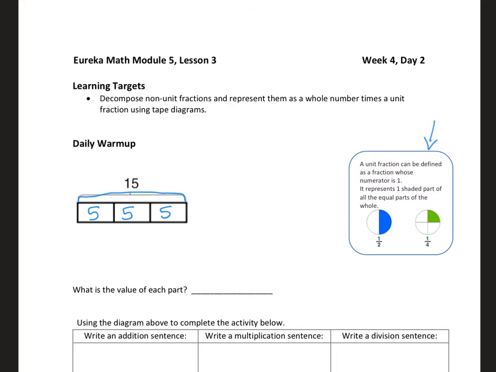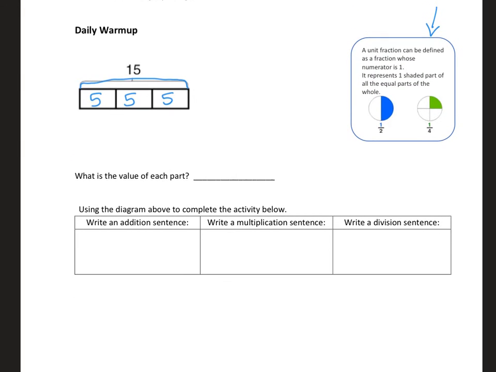All right, then it says, what is the value of each part? So the value of each part is worth 5. Okay, then it says, use the diagram above to complete the activity below. So we're going to write an addition sentence. So I know that my addition sentence is going to be 5 plus 5 plus 5 equals 15.